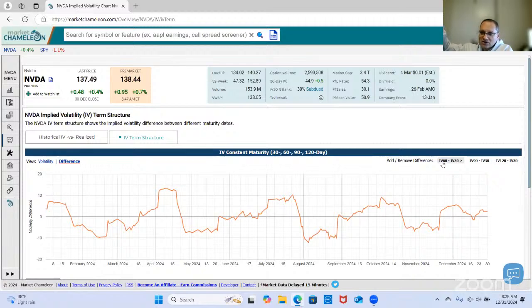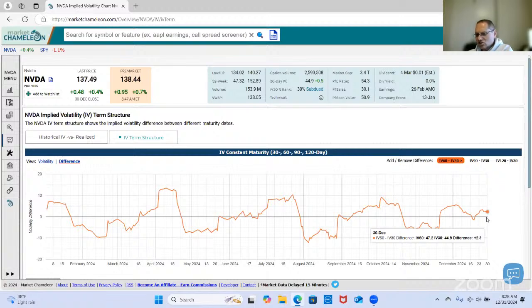If we get a negative number, that means the 60-day implied volatility is below the 30, because 60 minus 30, right? So right now, IV60 is 2.3 vol clicks above the IV30.